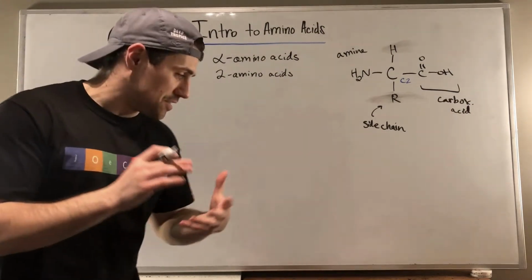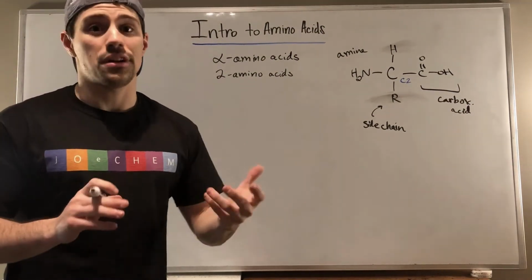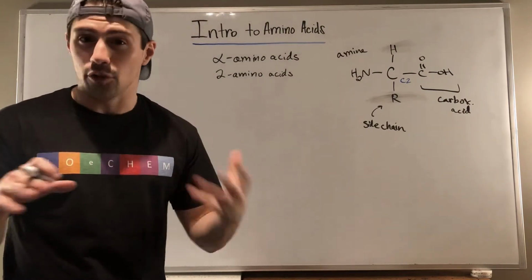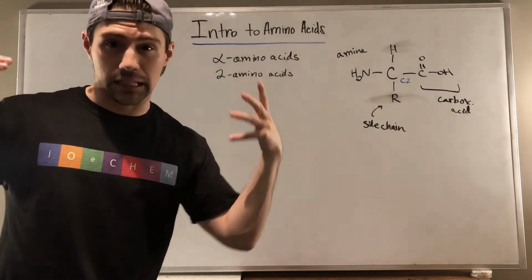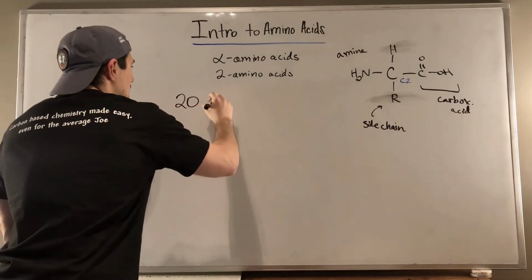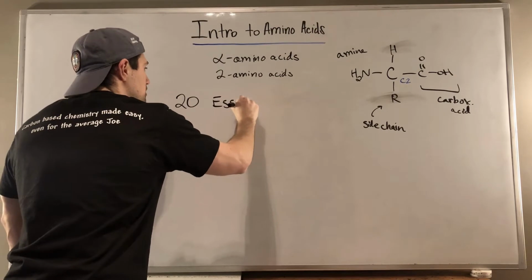Okay, so there are more than 500 amino acids that exist in nature. However, for the purposes of organic chemistry, whenever this is covered in a class, you're going to hear a lot about the 20 essential amino acids.